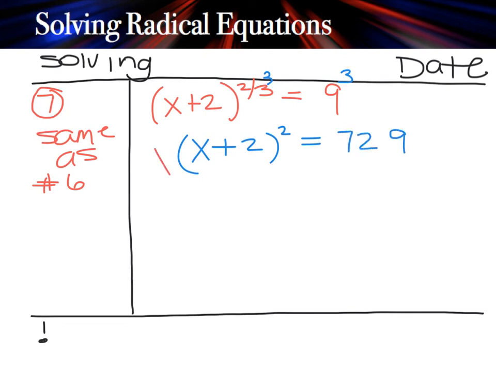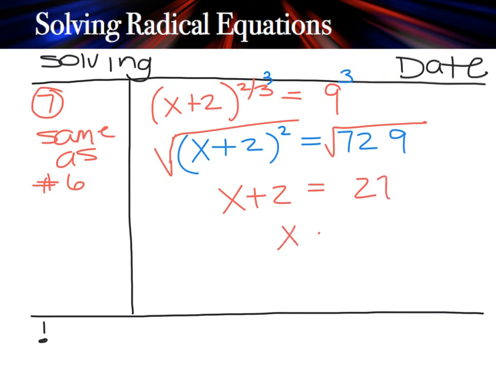Okay. I'm going to square root both sides, and that'll give me x plus 2 equals, and the square root of 729 is 27. If I subtract 2 on both sides, I will get 25.